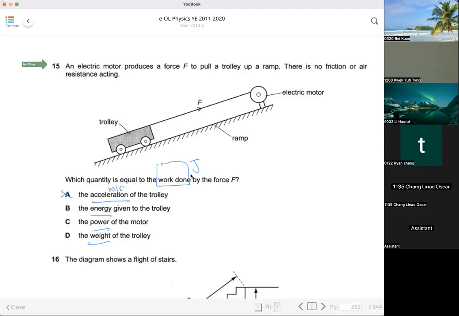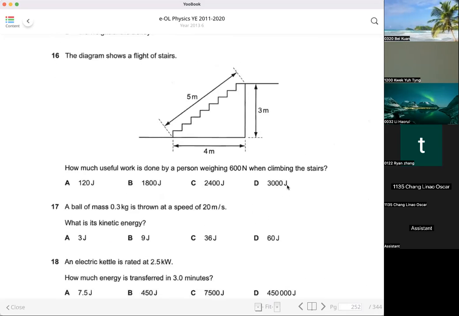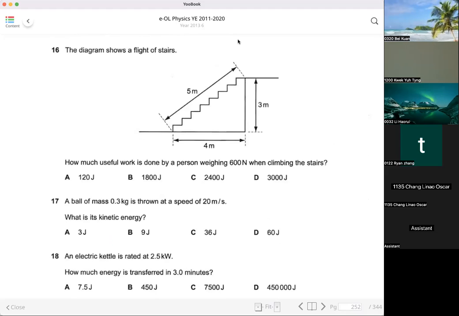Okay, well done, Bei Kuan. Okay, so the answer for this will be B. Okay, so all of us got it correct. Okay, let's continue. Okay, question number 16. You all may begin.